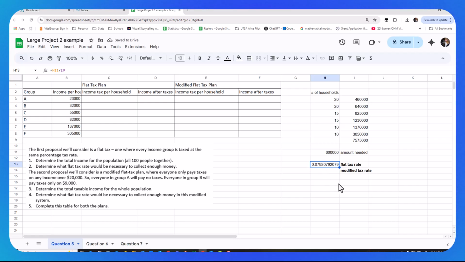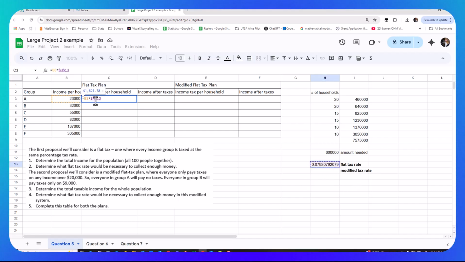So this is a percentage, like 7.9%. So now to find my actual income tax, because notice this is per household, I'll take the income per household and I will multiply it by this tax rate.